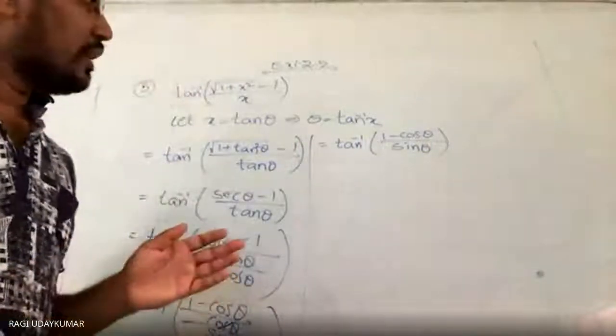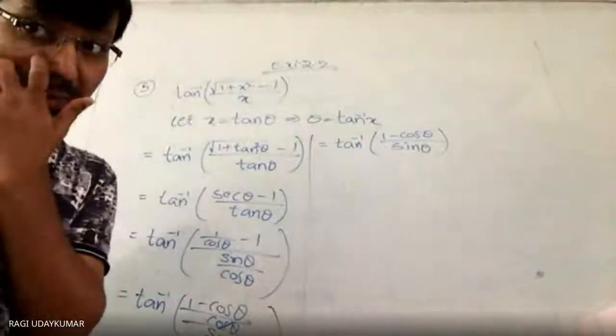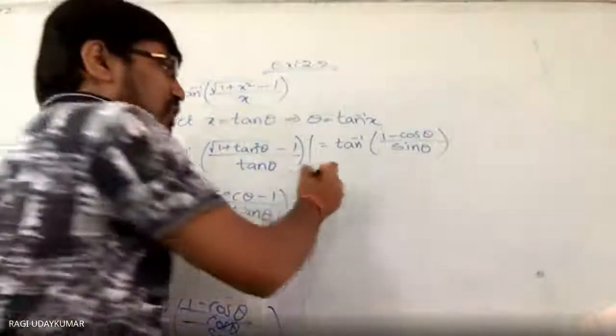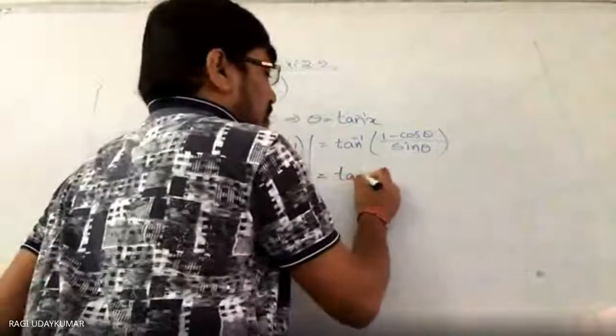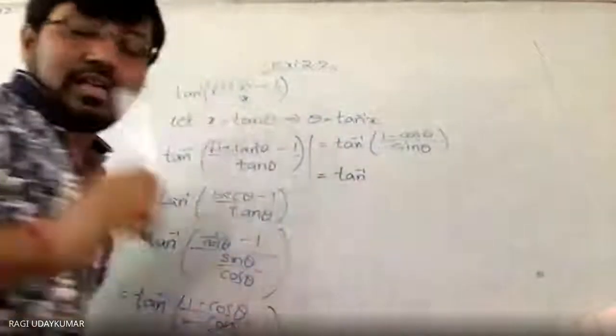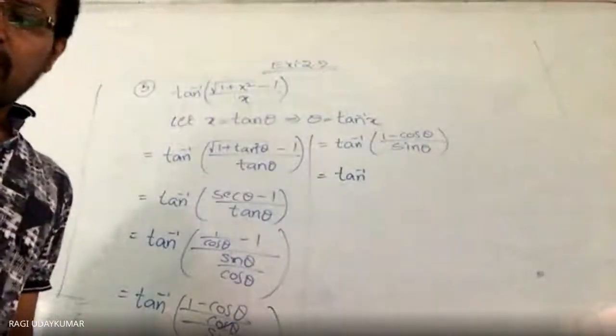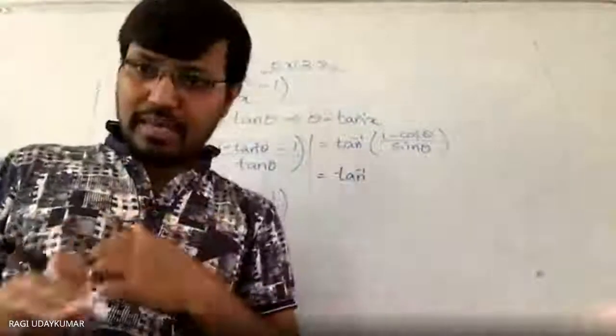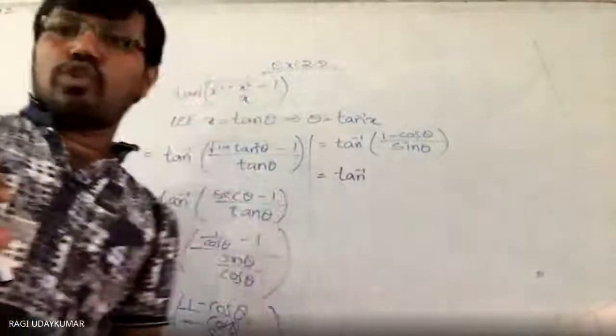So here you need to convert 1 minus cos theta, which can be written as 2 sin square theta by 2. You need to do the theta by 2 conversion, because you solved this kind of simplification in 11th class. If you keep all this in your mind in a proper way, then you will be able to understand.